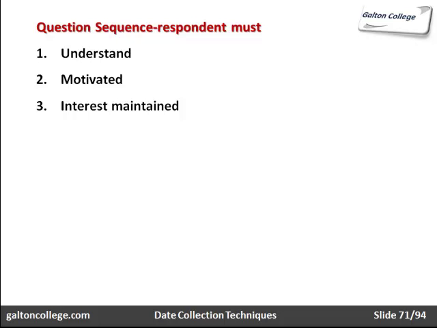And the questions should be designed in a way to maintain interest. So the respondent is answering questions and they're motivated to answer, but they're interested in the topic. That means they will try harder to concentrate and give valid responses, good responses.